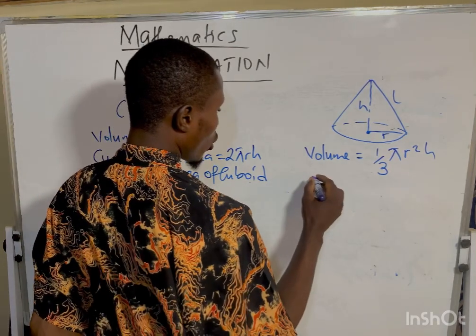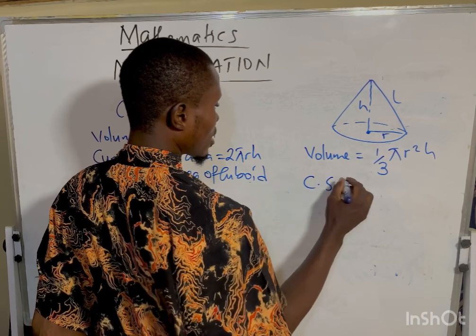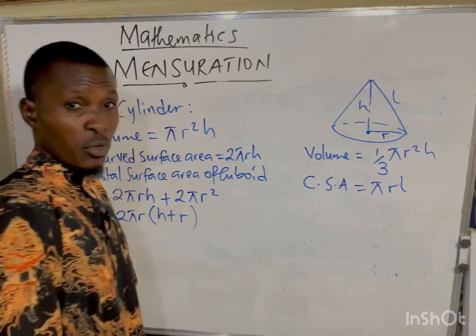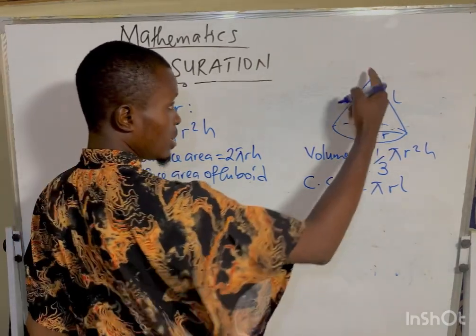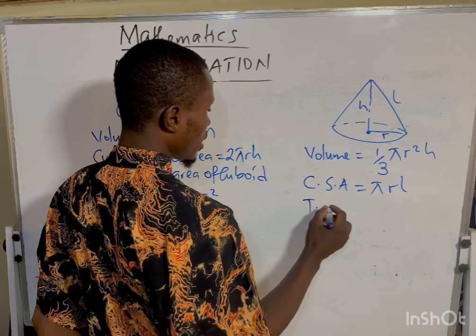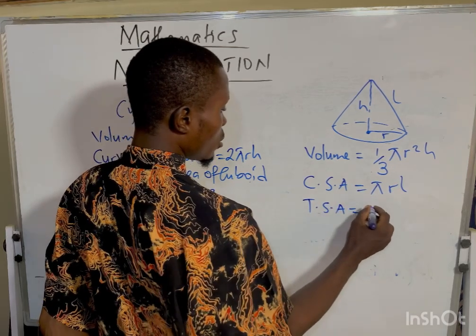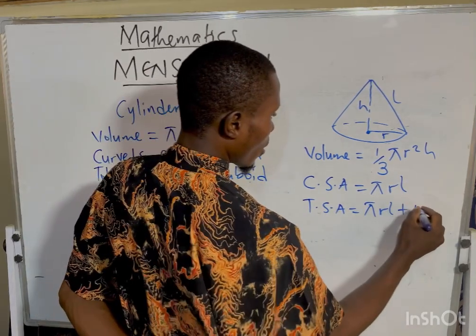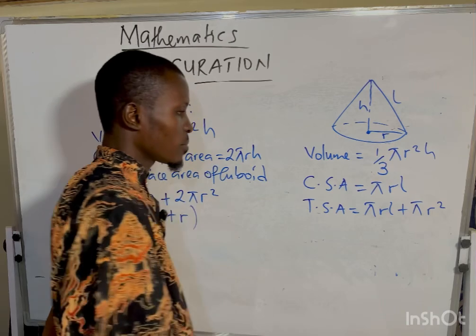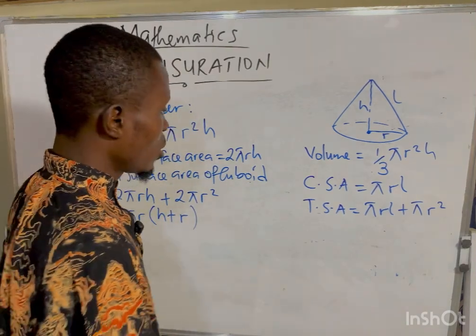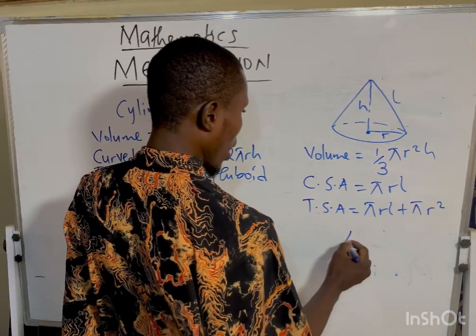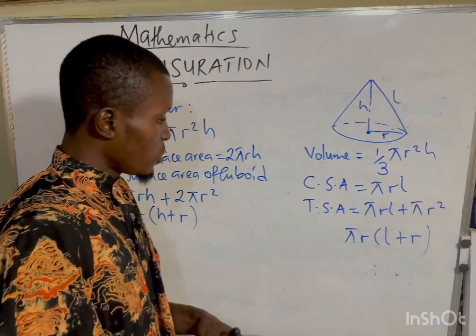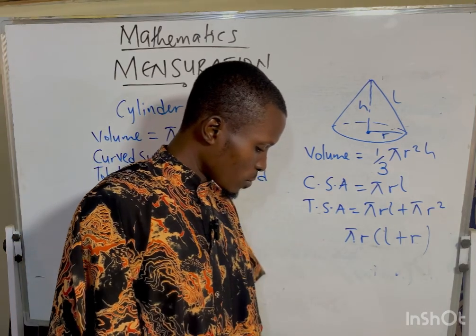The curved surface area, CSA, is given by pi r L, pi times radius times the slant height, where L is the slant height. Then the total surface area, TSA, is the curved surface area pi r L plus pi r square. By factorization, pi r is common, so pi r times L plus r. That is the total surface area of a cone.